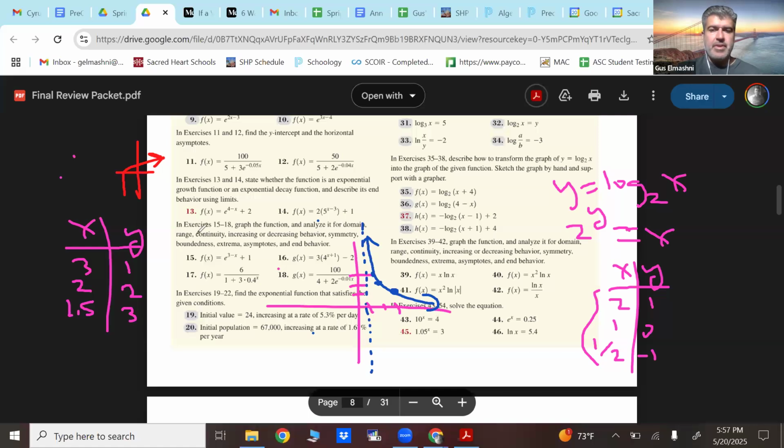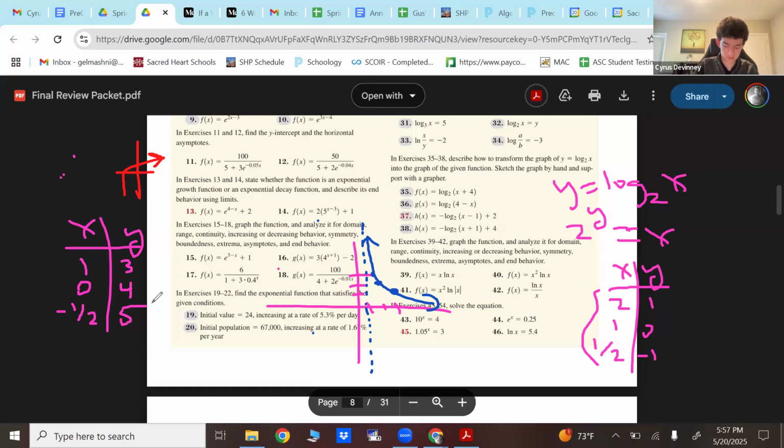Yeah, and the 38, you're going to shift 1 left. So for the parent function, we're going to take away 1 from x, which would be 1, 0, -1/2. Then you want to multiply y by -1 and add 4. And that's what you want to plot. But pretty similar to 37.